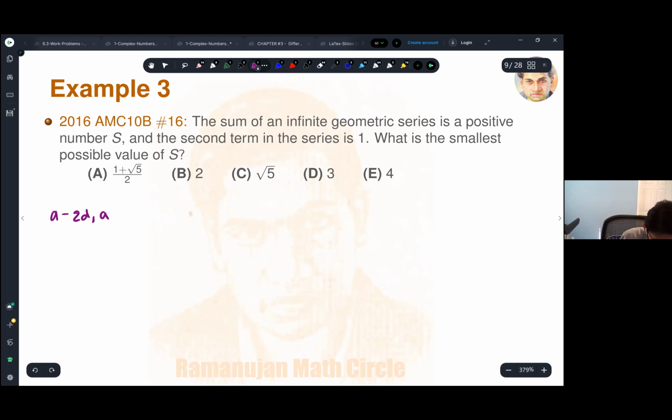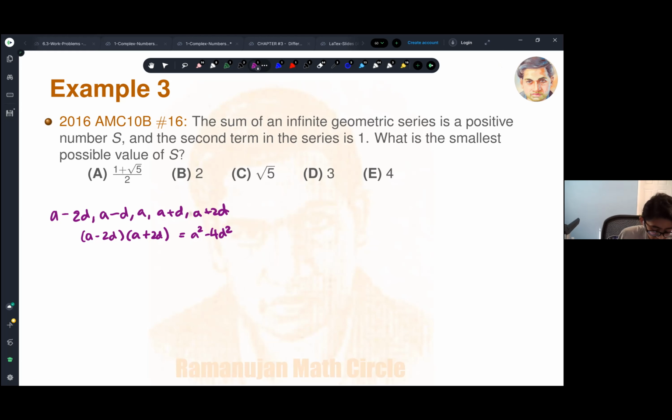Let's say you have 5 terms: a minus 2d, a minus d, a, a plus d, and a plus 2d, because when you multiply things, a minus 2d times a plus 2d, you get an a squared minus b squared form, and that can be pretty easy to simplify. So that's why it can be very useful.